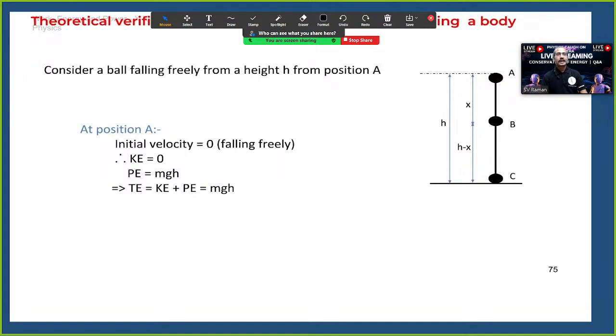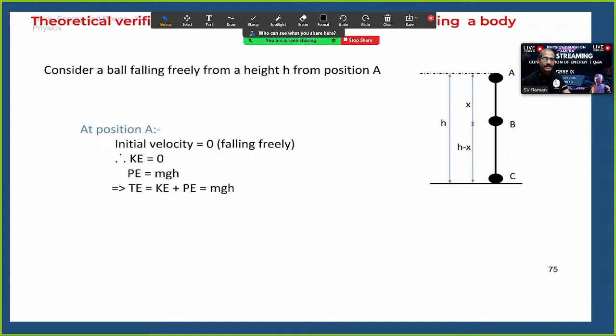Now, take an object under free fall from point A, from the down surface at point A, that is height h. At the height h, it attains potential energy, and while coming downwards, the ball keeps moving downwards. Now here, what happens?